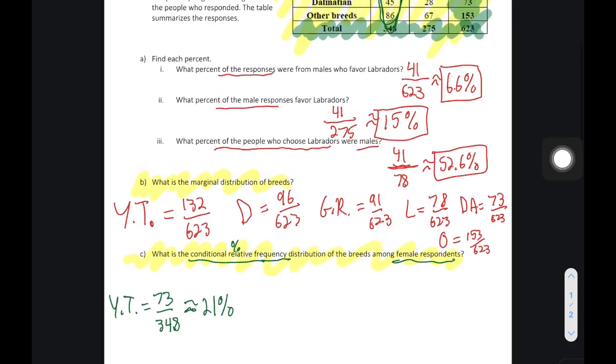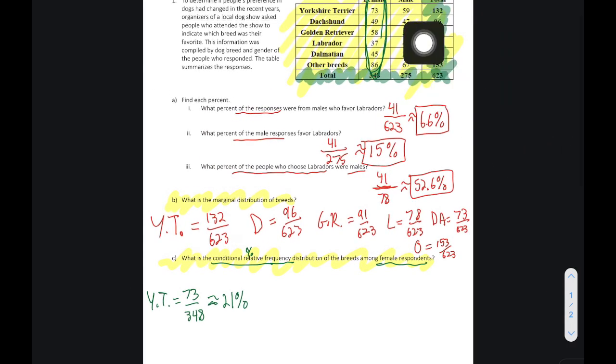Now we have to do this with actually all the breeds for females, because we want to describe the entire distribution of females. So Dachshund, 49 out of 348 total females. And that's about 14%.